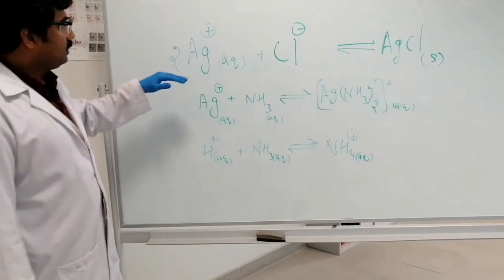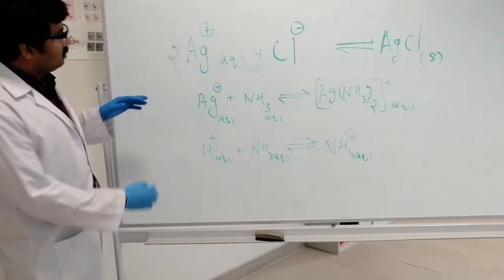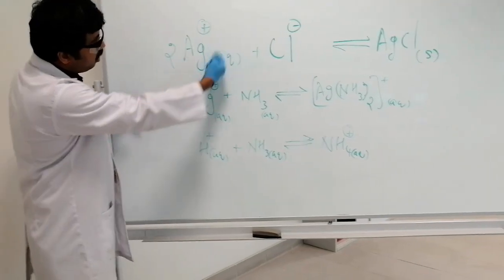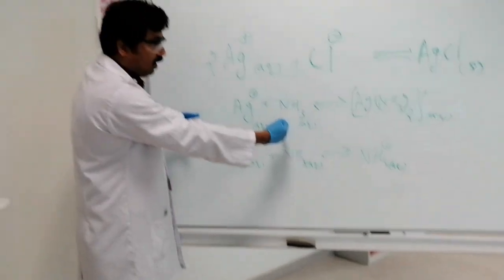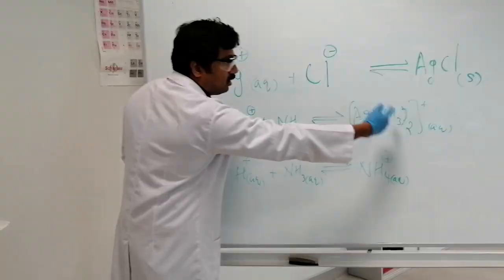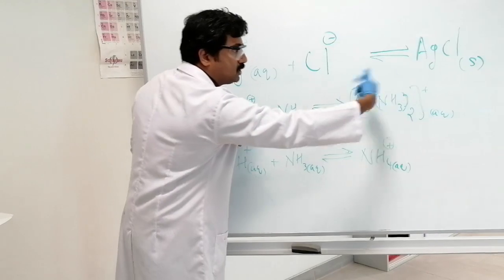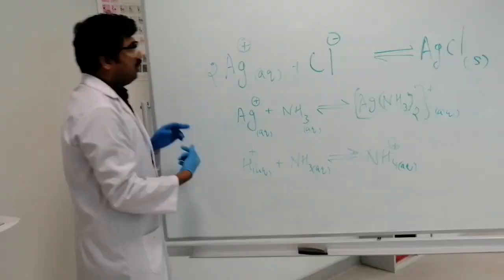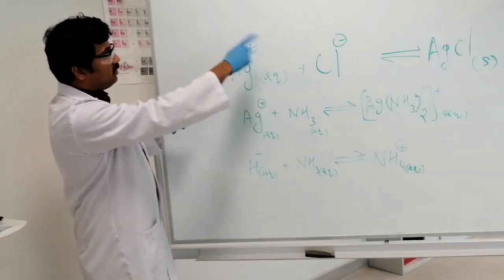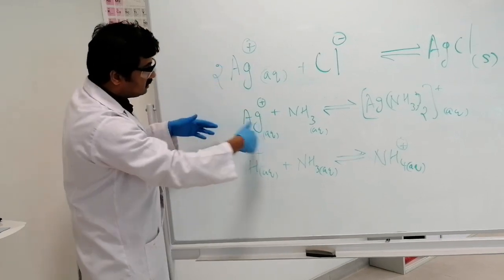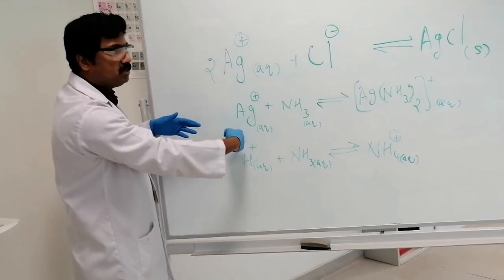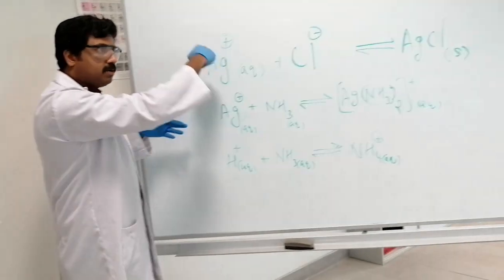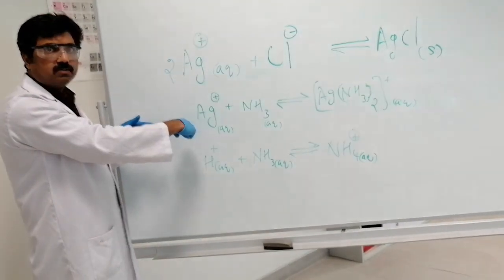When you add ammonia, your silver ions from the mixture will react with ammonia, and you will get the silver amine complex, which is also a soluble product. Your ammonia is taking the silver ions from the reaction mixture. That means you are reducing the concentration of silver ions in this equilibrium mixture.